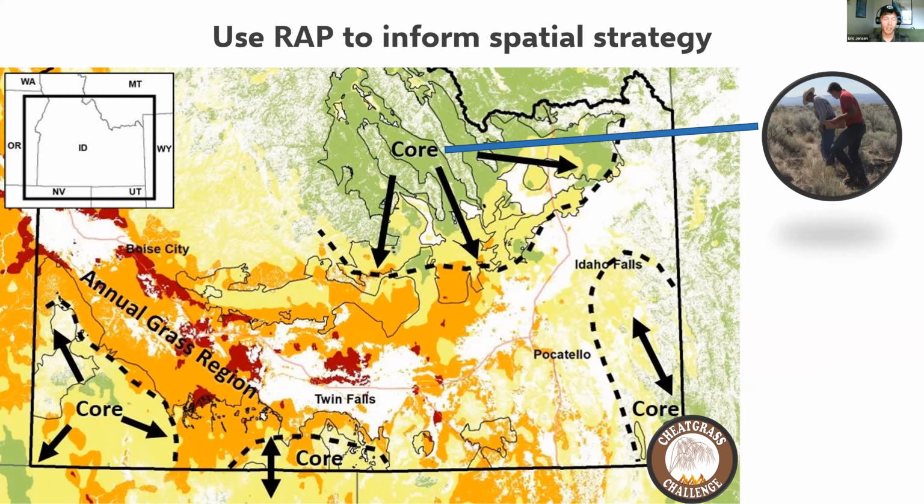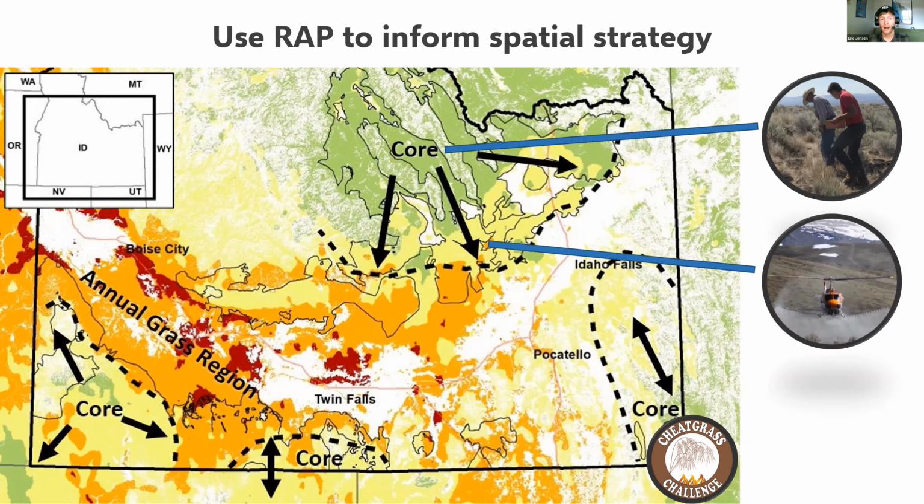But usually these areas aren't going to need a ton of management attention. And then in those transition areas, especially after fire, more of the management effort in terms of restoration and emergency stabilization might occur to prevent those annual grasses from gaining a foothold and to possibly even expand that core area.